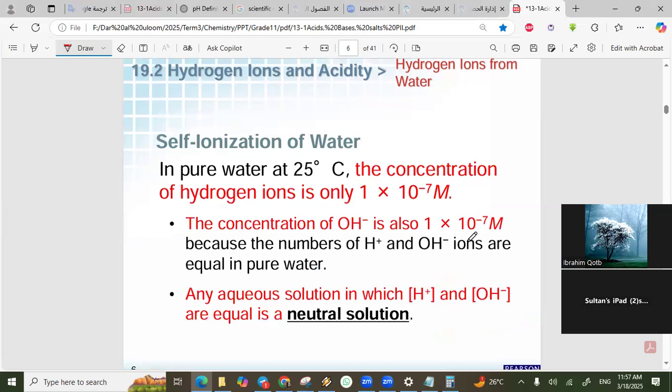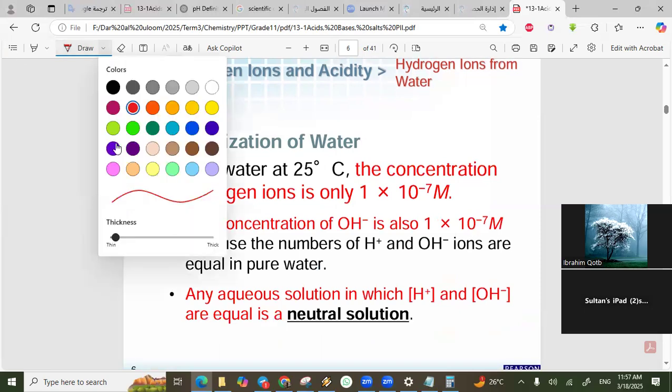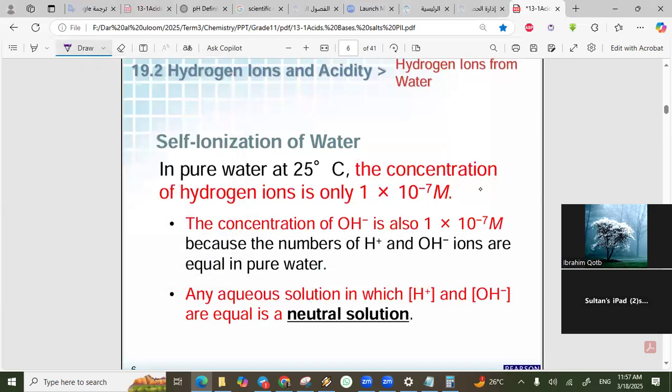The concentration of hydrogen ion, as I told you yesterday, is 10 power negative 7. This is the concentration of hydrogen ion in pure water. The concentration of hydroxide is also 10 power negative 7.